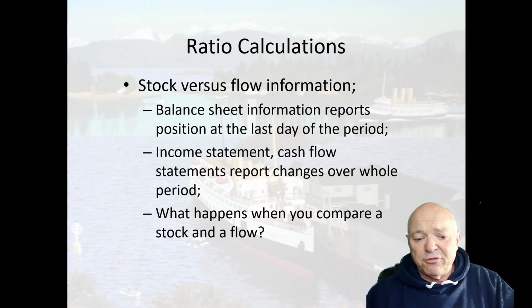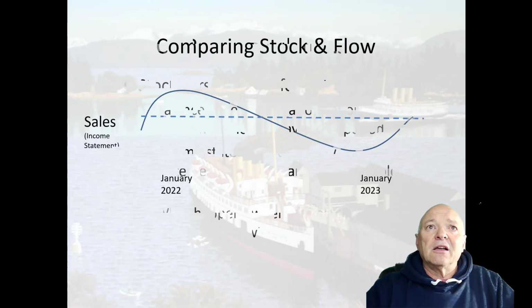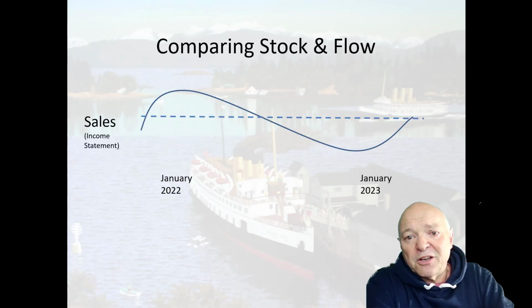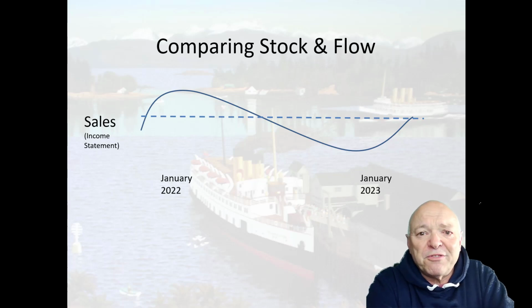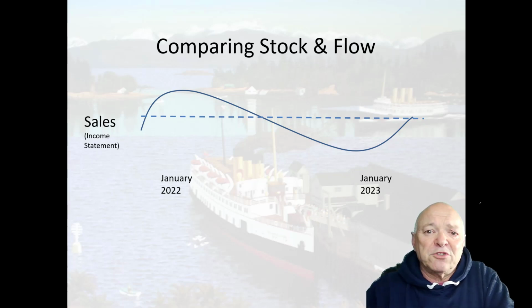The number that we report for the year, regardless of when we earn it in our annual report, is the average, this dotted line. So we say January 2023, our sales level was this amount here, regardless of the fact that the monthly sales had fallen off to next to nothing.